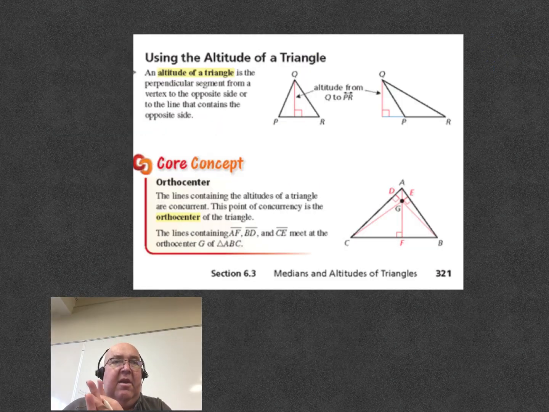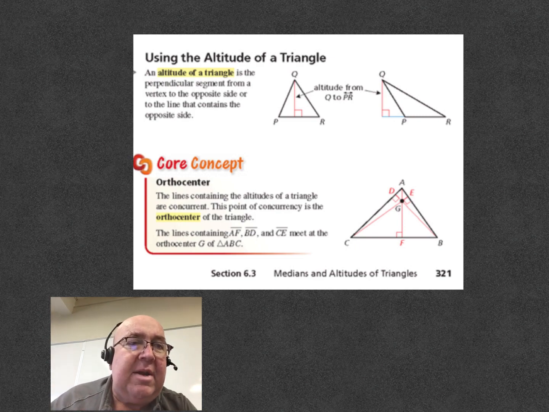The next thing we're going to work with is called an altitude. An altitude goes from a vertex and is perpendicular to its opposite side. The point of concurrency for altitudes is called the orthocenter.